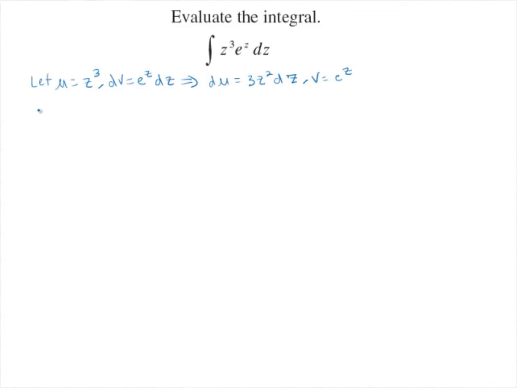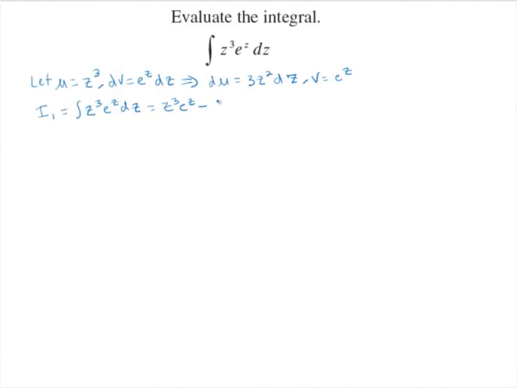So now we're going to let I sub 1 equal the integral of z cubed e to the z dz, and using integration by parts, this equals u times v, so z cubed e to the z, minus the integral of v du.